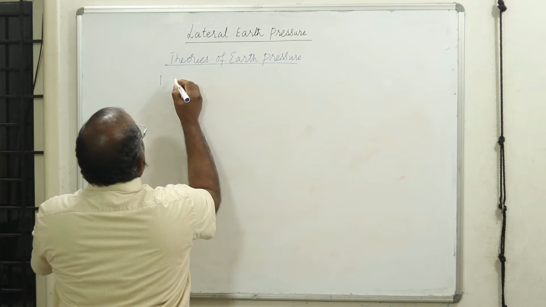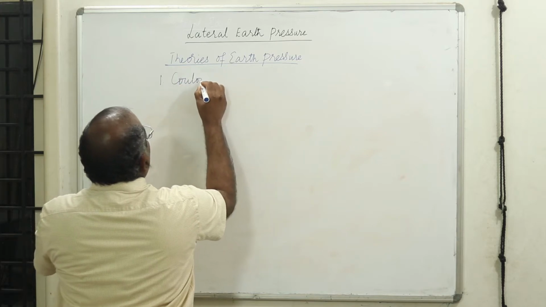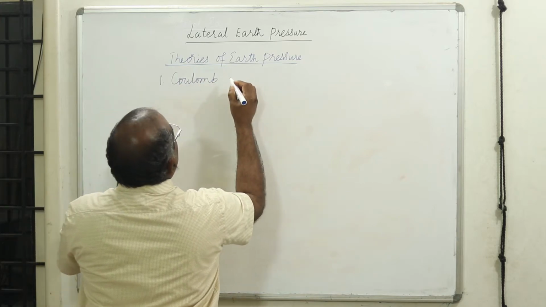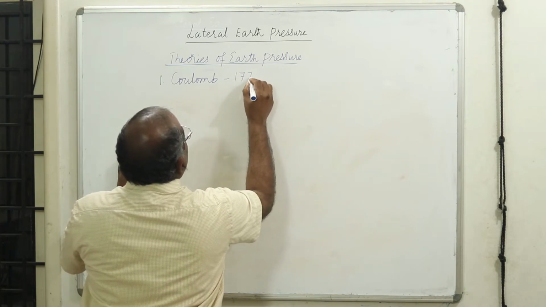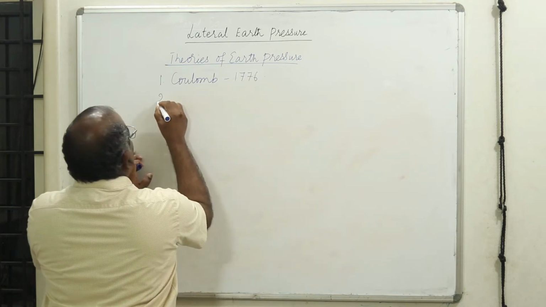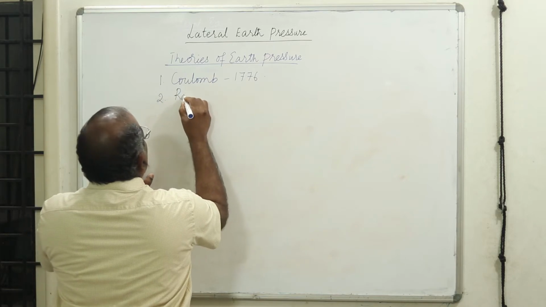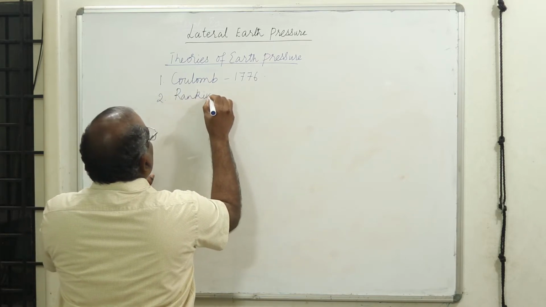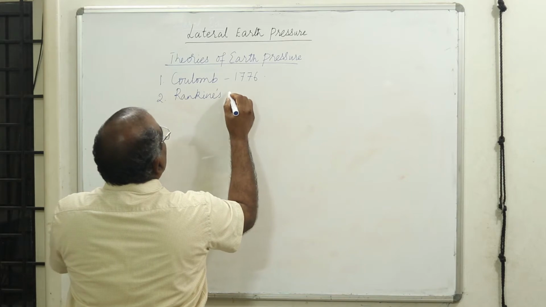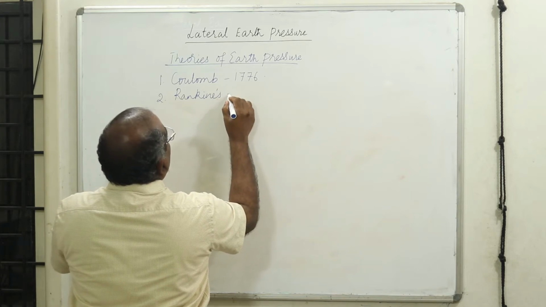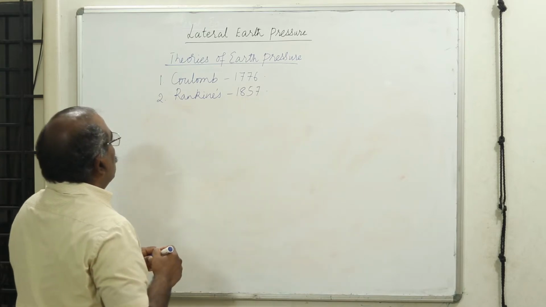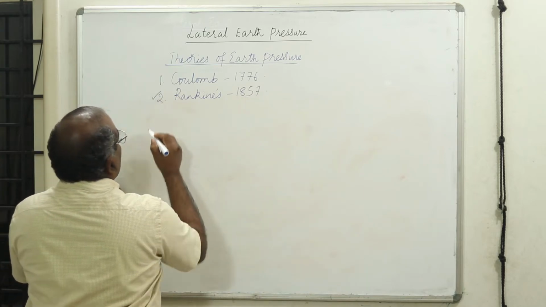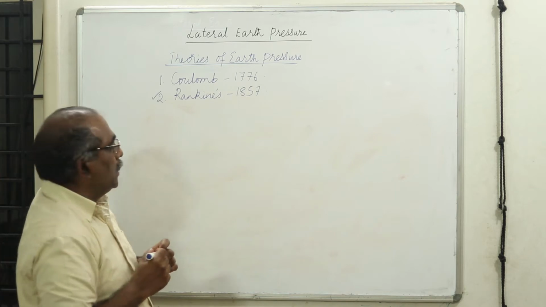One was given by Coulomb way back in the 18th century, in 1776, and Rankine's theory was given in 1857. First we'll discuss Rankine's theory in more detail, and then we'll come to Coulomb's theory.